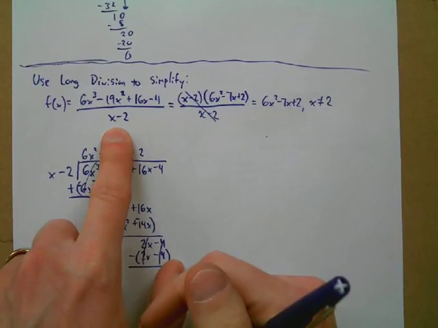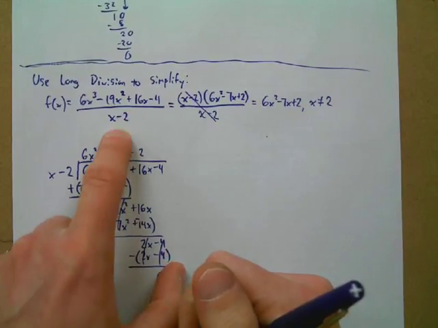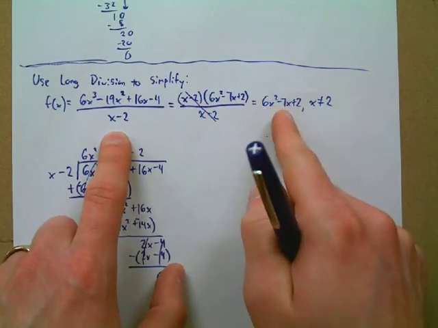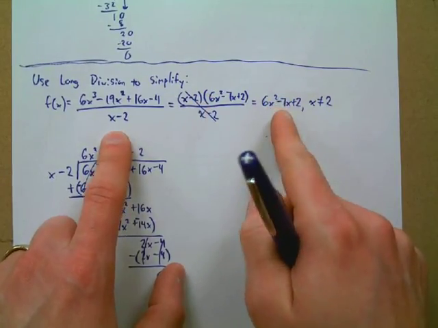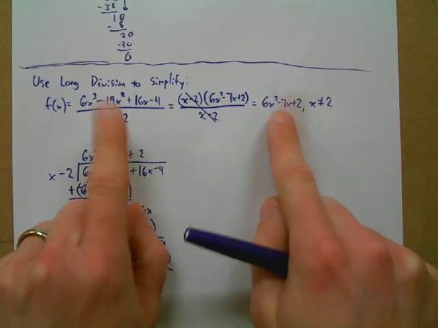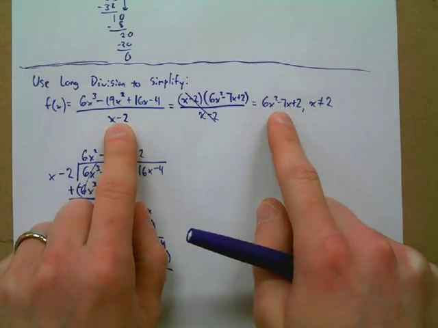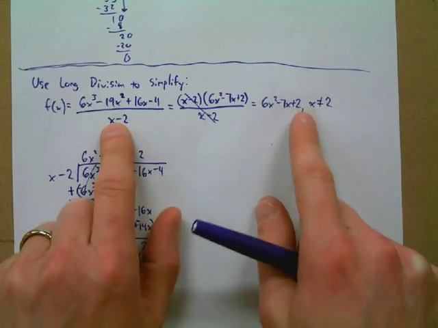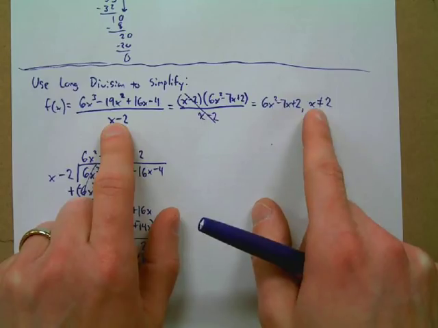So the equal sign, folks, is a very powerful sign, and it has a very specific meaning in math. It means these two things are exactly the same everywhere. Well, technically, these two things are not exactly the same everywhere, because this one's undefined at 2, and this one is fine at 2. So that's why I put in that little caveat, x not equal to 2. So these two things are precisely equal everywhere when x is not equal to 2. We can still use that idea of equality, except at one point.